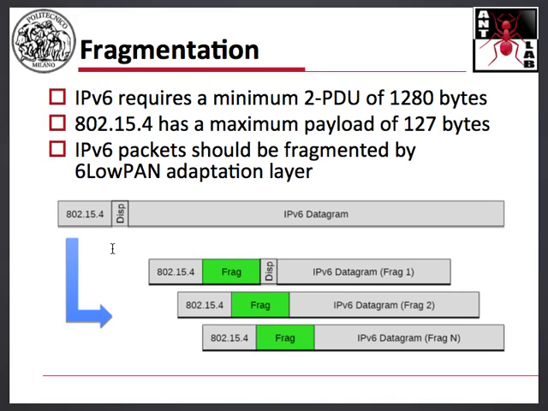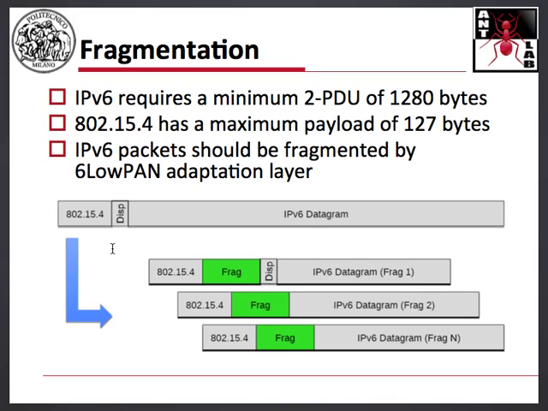The second functionality which we see, which is fragmentation, we will just give an overview of, because it's pretty much the same as plain IPv4 fragmentation and plain IPv6 fragmentation. The idea is the following. In IPv6, I have a minimum required PDU for a full-fledged IPv6 packet, which must be at least 1280 bytes.